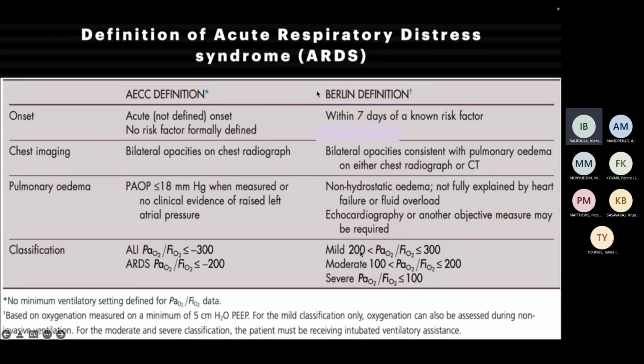But also we have to apply some PEEP, at least 5 centimeters of water, to define it as ARDS. So simply, it's acute respiratory failure with bilateral opacities, which is not cardiogenic in origin.